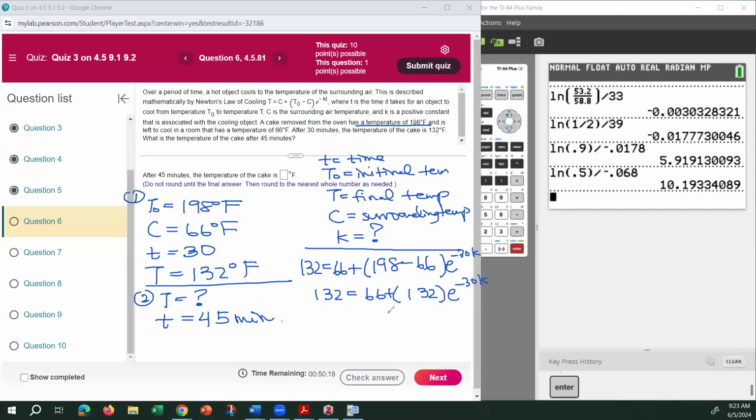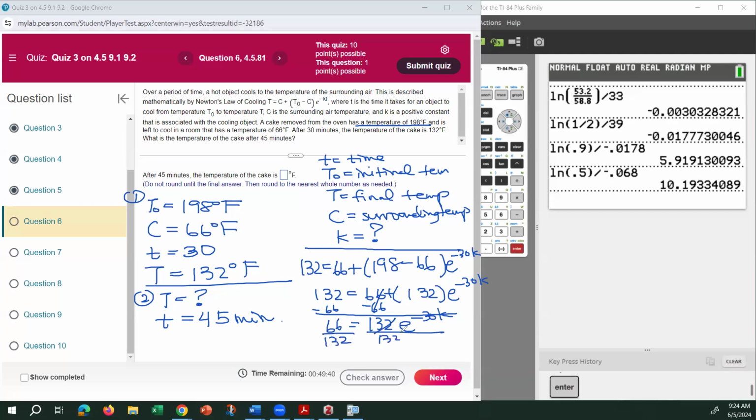To find k, we need to subtract both sides by 66. And so that's going to be 66 again equals 132 e to the negative 30k. Remember here, we're trying to find k. To do that, we need to divide both sides by 132.